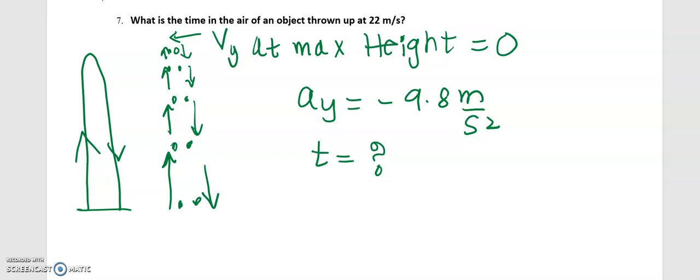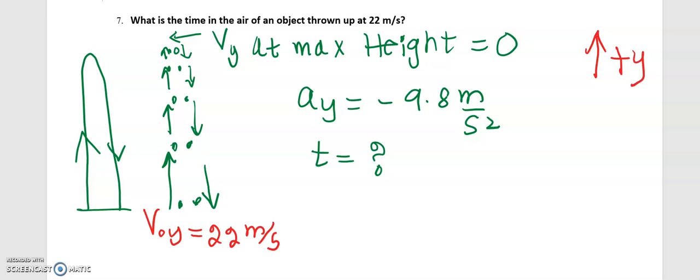We know the object is thrown at 22 meters per second, so initial velocity v0y is equal to 22 meters per second. It's positive because we take up as positive y. That's why we have a negative acceleration and positive initial y velocity.